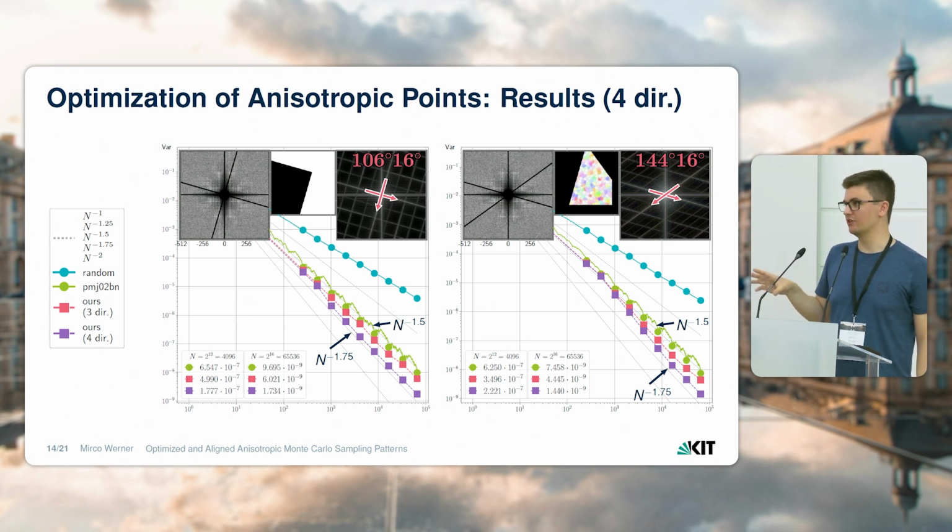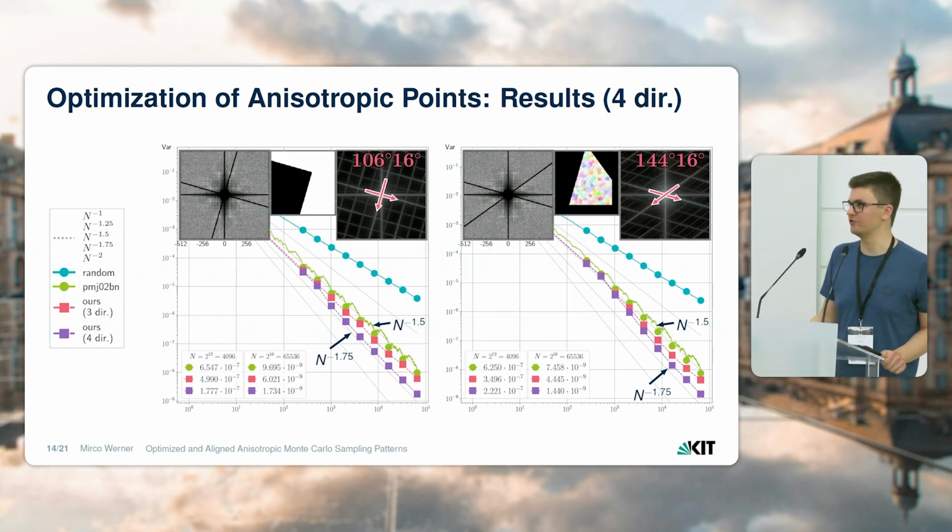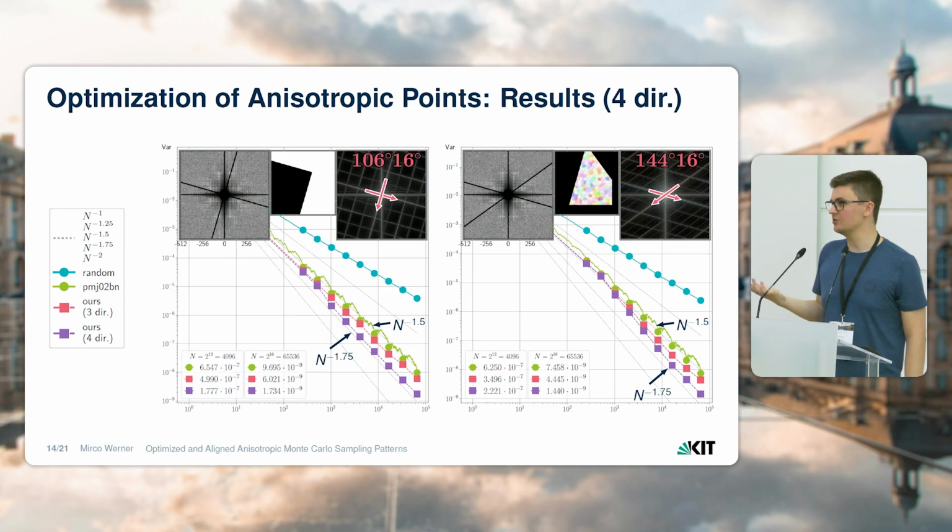Yes, so prior work also tried this with neural networks to optimize these point sets, and they showed this, for example, for blue noise point sets. So we also tried their methods, but then you need a neural network which generalizes over multiple directions you want to optimize for. So I think it would be possible.